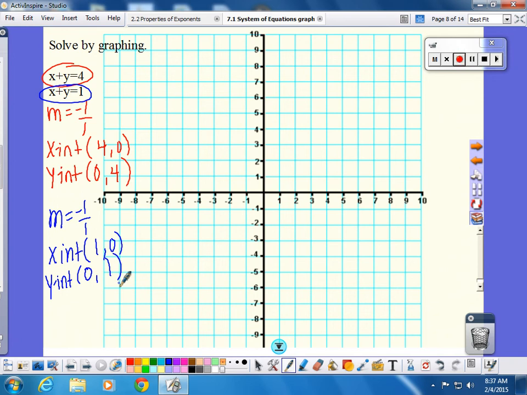How do you know we're going to get parallel lines? How do you know? Same slope. How do you know they're not coinciding? Everything's not the same, right?